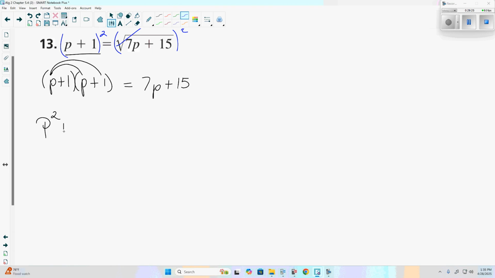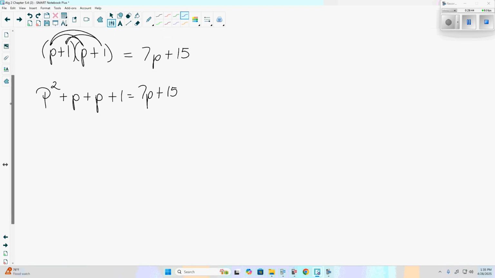However, p times 1 is plus p. 1 times p is plus p. And 1 times 1 gives us 1. So yes, we did end up squaring the first and second term, but we also have a middle term because our p plus p is 2p.